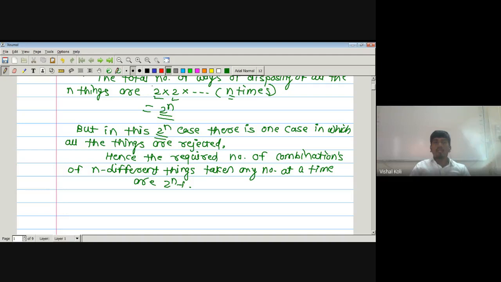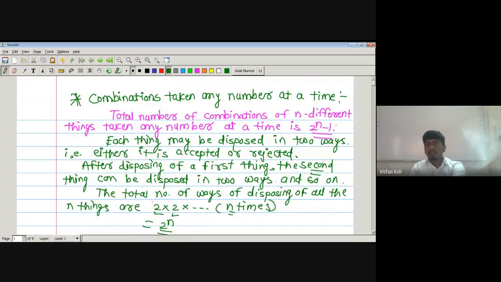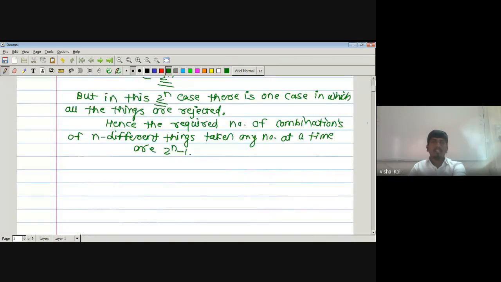Since we have removed one case in which all the things are rejected, the total number of possible combinations is nothing but 2 to the power n minus 1, and that is what we had to prove. Okay, so let us see the example.